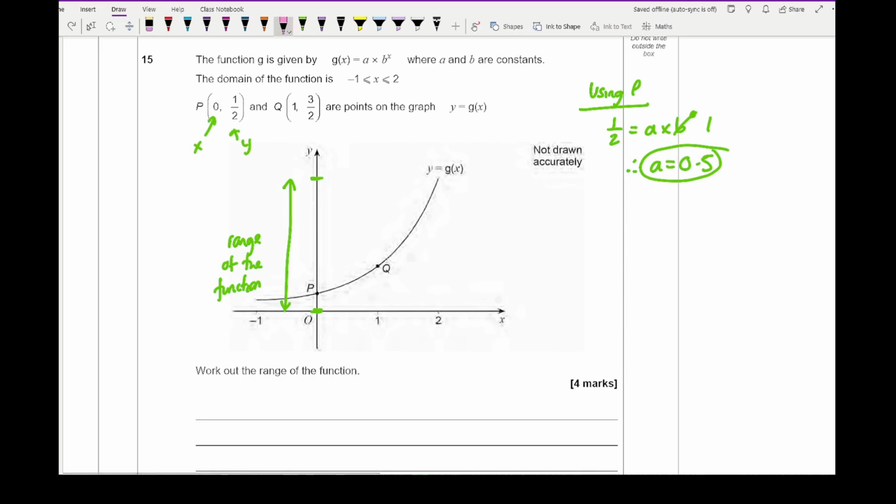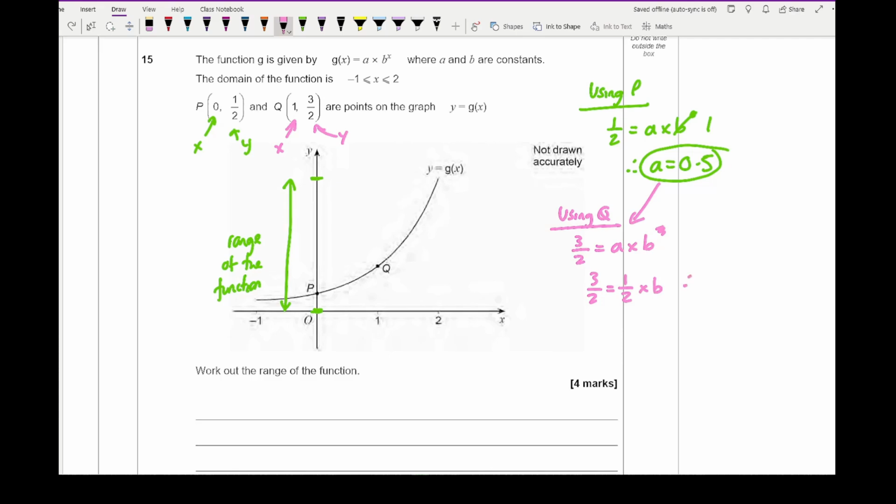Then using Q, in which this is my x value and this is my y value, we get 3 over 2 equals a times b to the power of 1. Anything to the power of 1 is just itself, so that's just a times b equals 3 over 2. We know that a equals 0.5, so 3 over 2 equals a half times b.